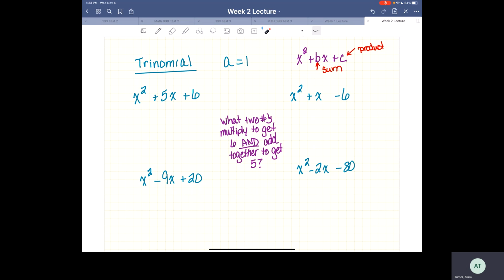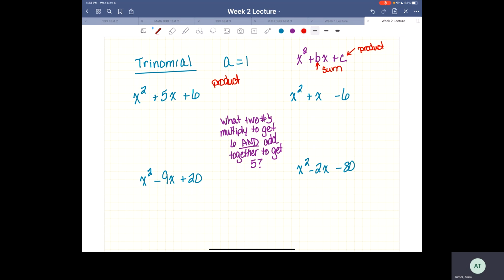So standard form of a trinomial with a value of 1 in front of the x squared, that's my a equal 1, is x squared plus bx plus c. That number at the end is going to be what we call our product, and that b value is going to be what we call our sum. Okay, so here I've got my first one that I'm looking at. I identify my 6 as my product.